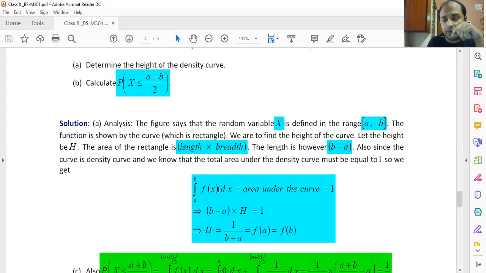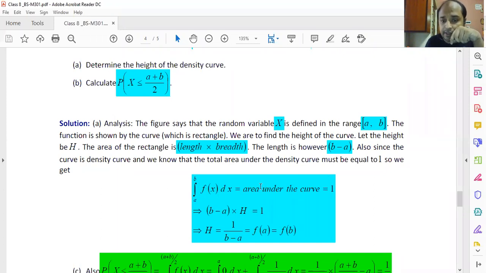And you already know that from minus infinity to a, the function is not defined by the condition given in the question. From b to infinity, the function is not defined by the condition given in the question. It is only defined from a to b. So therefore, the total area with respect to this range will be equal to 1.